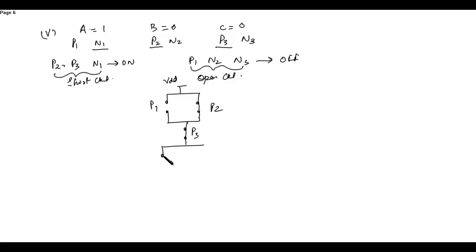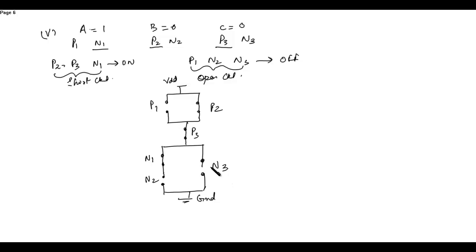N1 is short circuited, while N2 and N3 are open circuited. So N1 is on, shorted, N2 is off, this is also off.